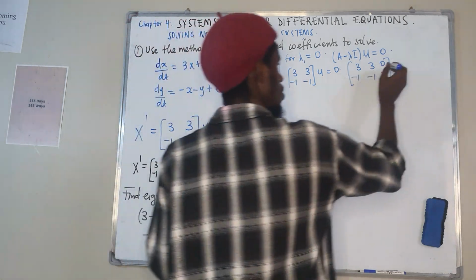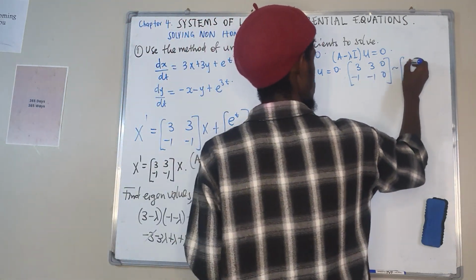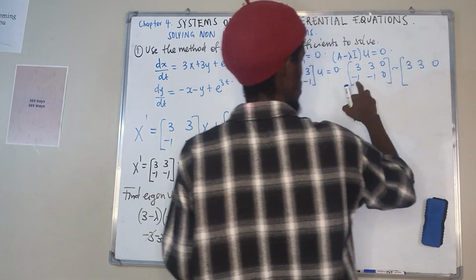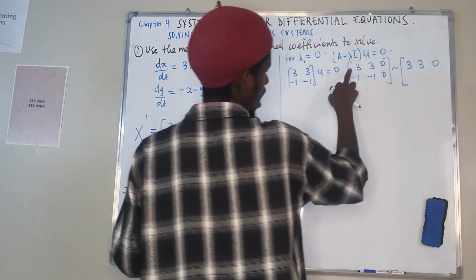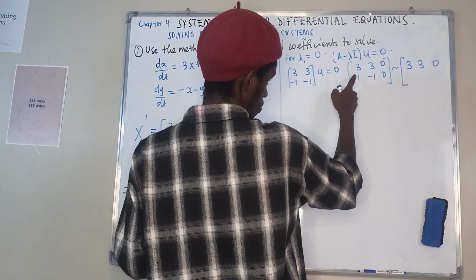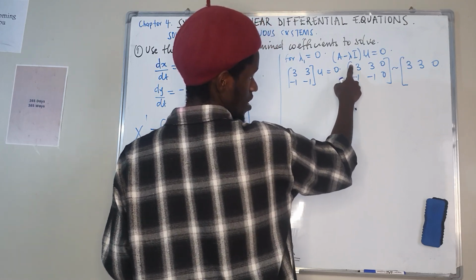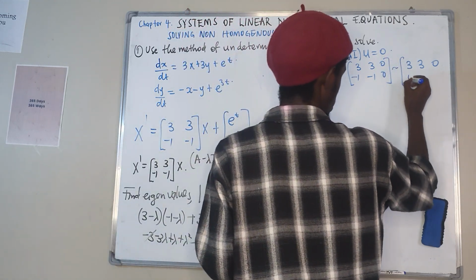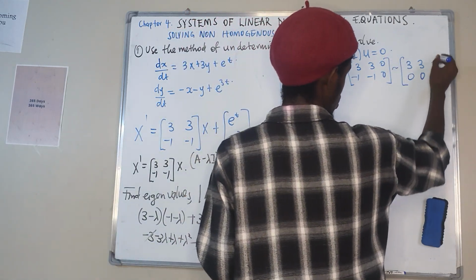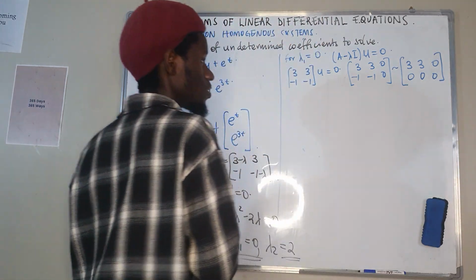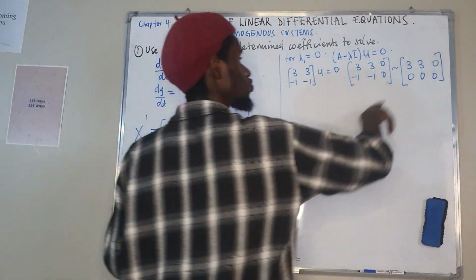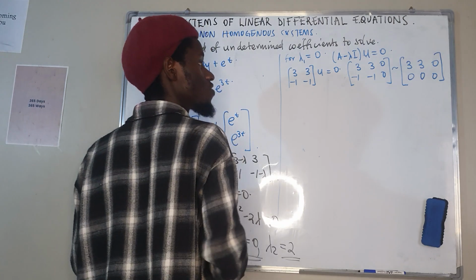Then if I reduce to echelon form, I'll have the first row as 3, 3, 0. Then I'll add 1 third of row 1 to row 2, and I get a 0 here, then also a 0 here, then a 0 here, using row echelon form. Now, my u2 is a free variable.